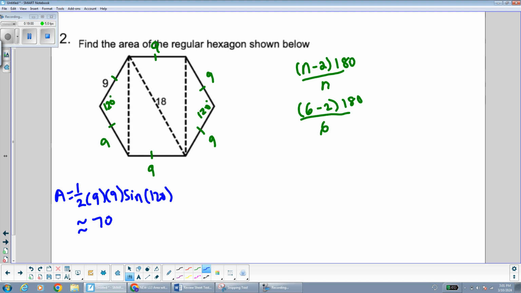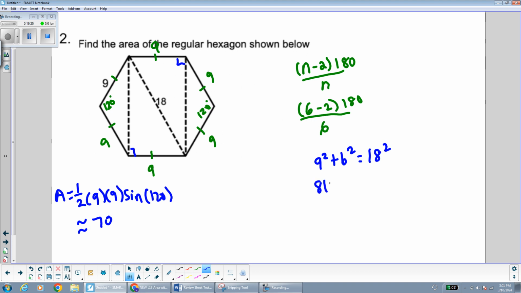Now I want to find the areas of the 2 inner triangles. What I'm going to do is use the Pythagorean theorem since they're right triangles. So we know that the hypotenuse is 18 and one of the sides is 9. So that's 9 squared plus b squared is equal to 18 squared.